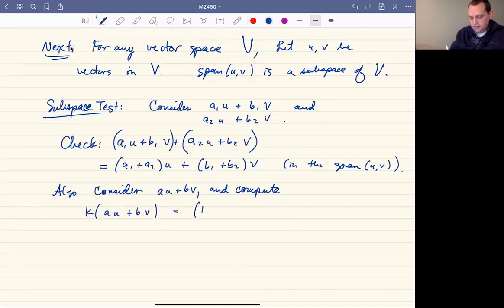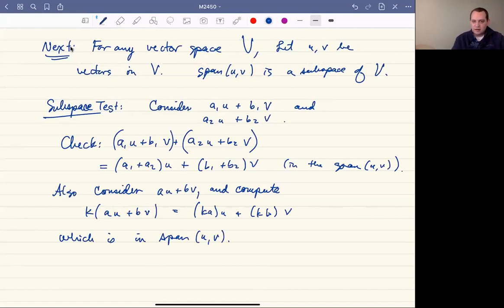This is going to be KA times U plus KB times V, which is in the span. So this is in the span of the set of vectors U and V. So it turns out that the span satisfies the subspace test. And so the span of any set of vectors is always a subspace of V.